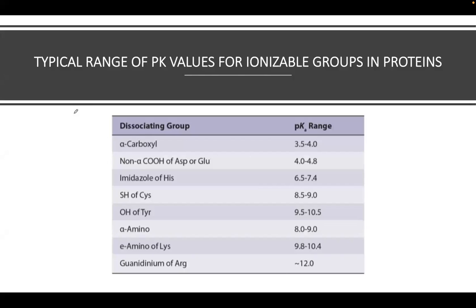Now, this table is lifted from your textbook. Now, tip, you don't have to freaking memorize the numbers. Okay? You don't have to memorize the numbers. So this is just showing you the pK values for the ionizable groups or the dissociating groups in proteins. Example, carboxyl, imidazole, sulfhydryl, hydroxyl, then the guanidinium of arginine.